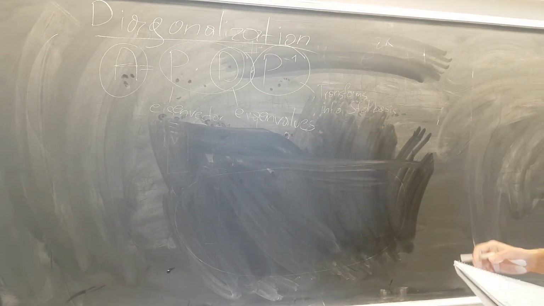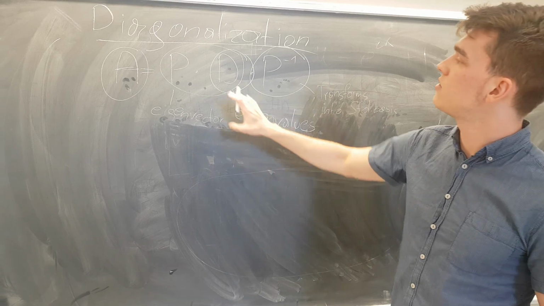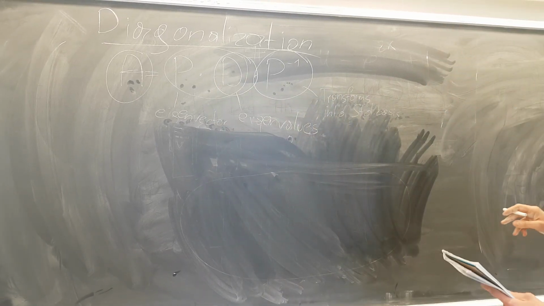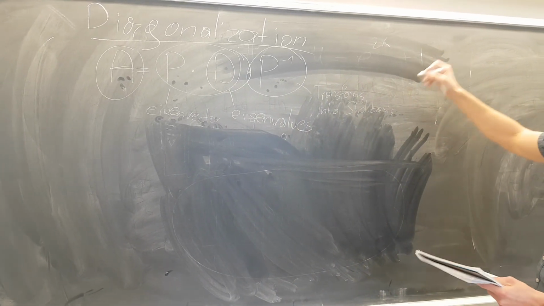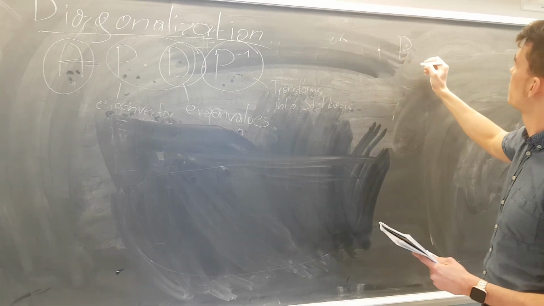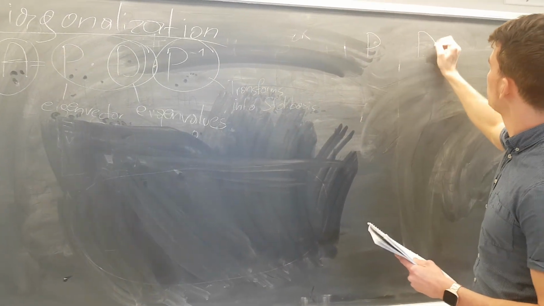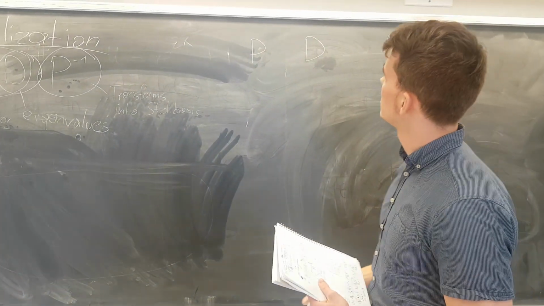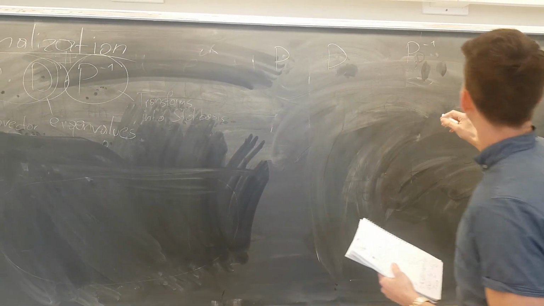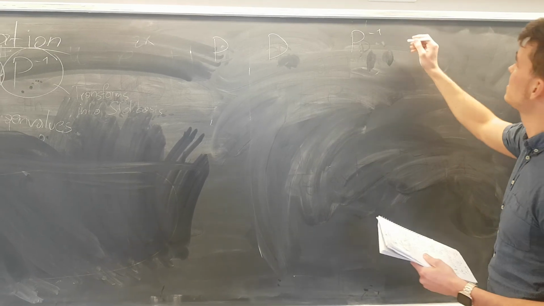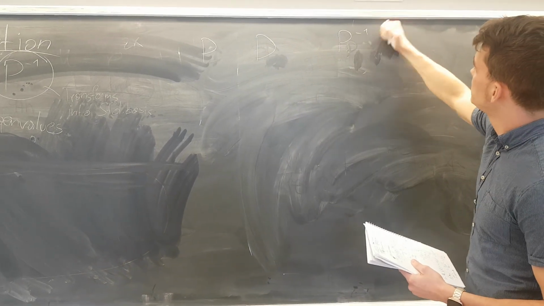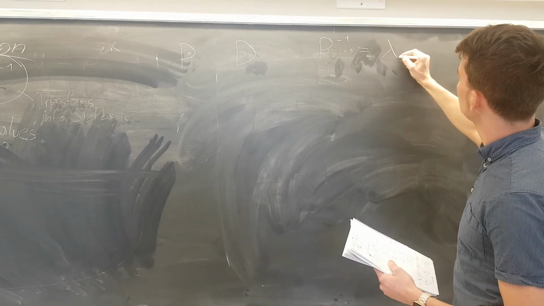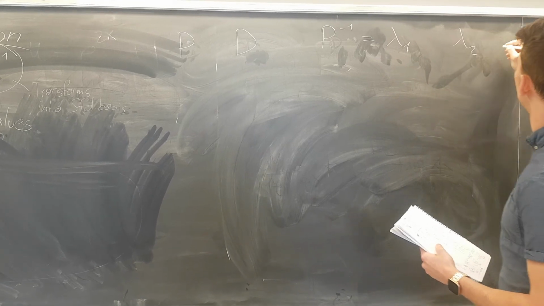So that's what we did last time, and now there's a really cool thing we can do. So we talked about we have this D, we have P, and we have P minus 1. And actually, what we would like to get is something that maybe tells us what are the effects of lambda 1, lambda 2, and lambda 3.